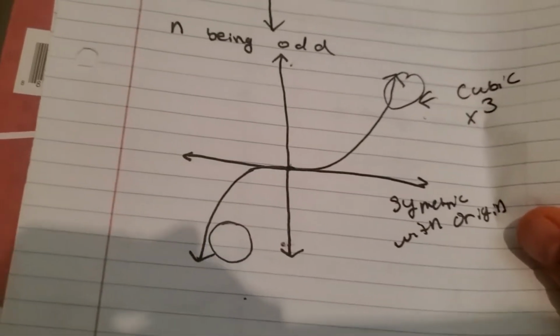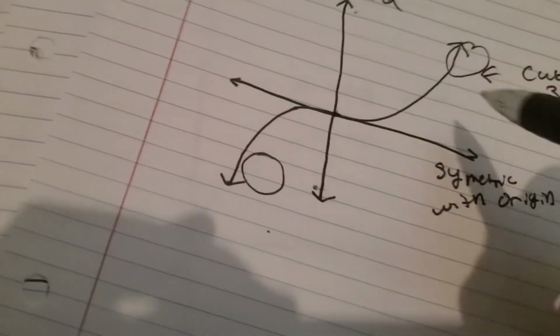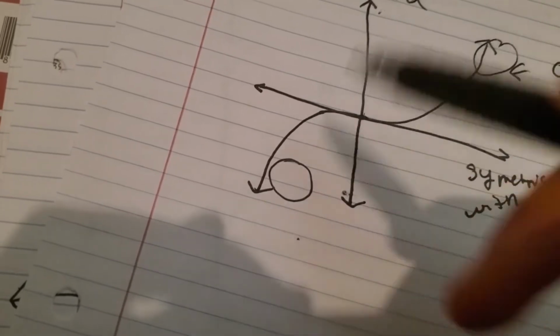Whereas if it's odd, we get a similar case to a cubic, but instead of going up like this, we actually inverted it in a way.